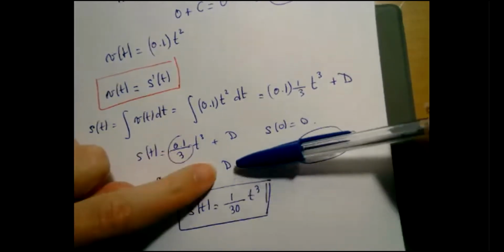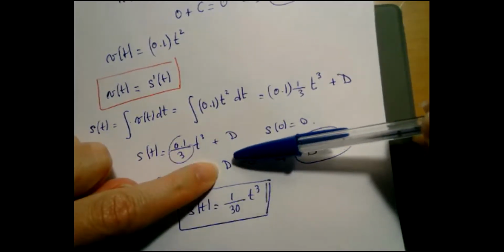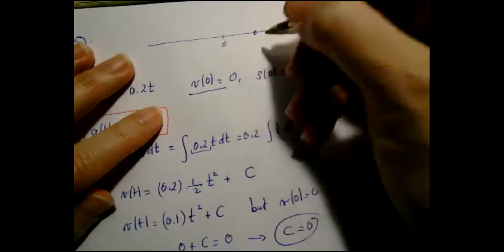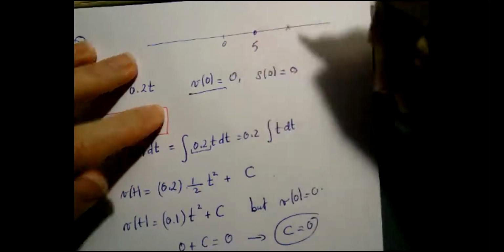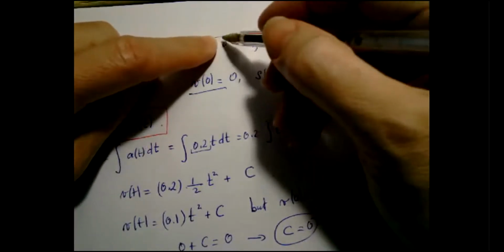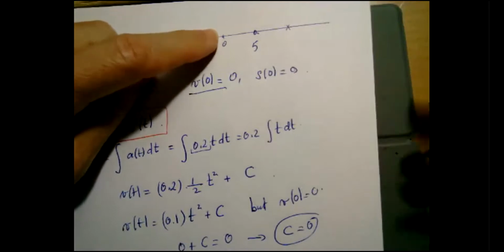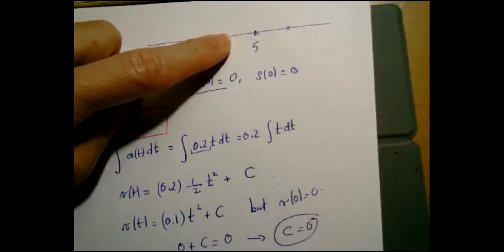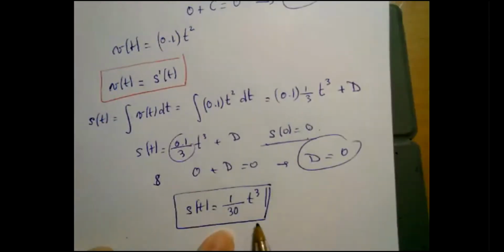And this is where the initial condition really makes sense to us, because if initially the object is not at 0, so the object is like 5 units away from 0, that's where initially it is, the position will change. So the position function in this case will not be just t cubed over 30, it's going to be that plus another constant. So this is really where the initial conditions start playing a role.